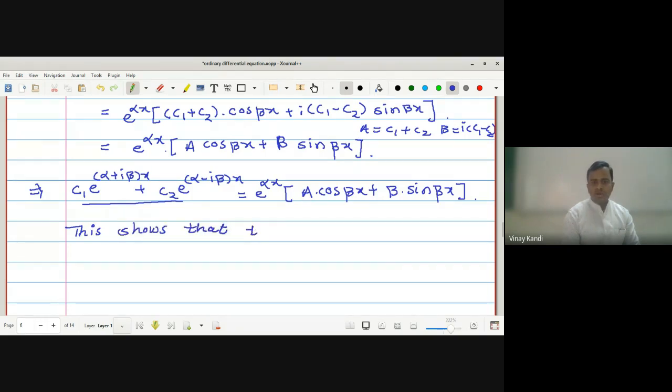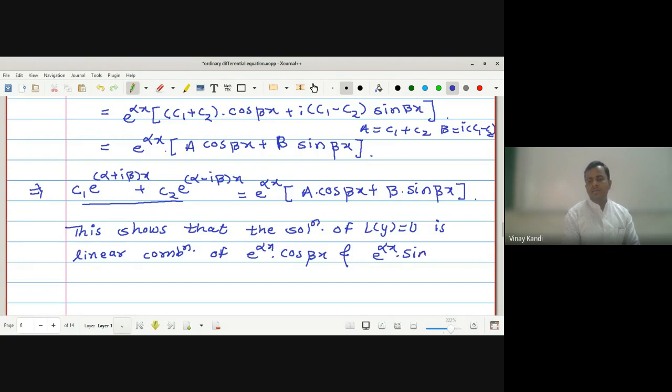Okay, this shows that the solution of L of y is equal to 0 is a linear combination of e raised to alpha x into cos beta x and e raised to alpha x into sine beta x.